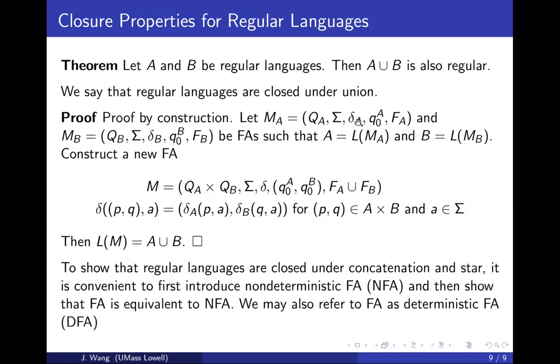they share the same alphabet. Delta A is the transition for MA. Q0A is the initial state of MA, and this is the final state. This MB is the same; we just change A to B. So A is accepted by MA and B is accepted by MB.